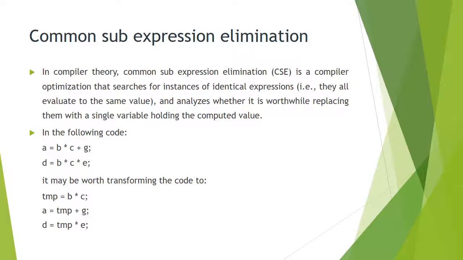So we can calculate B multiplication C, store it in a temporary variable, and use temp in two different expressions having B multiplication C.